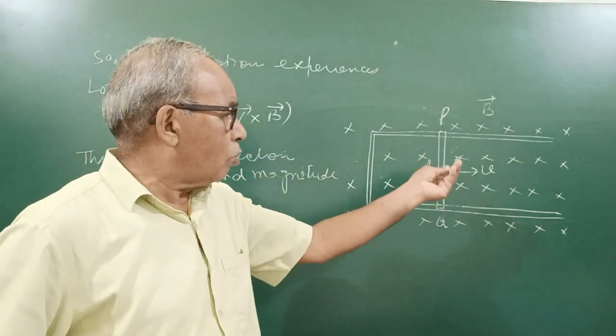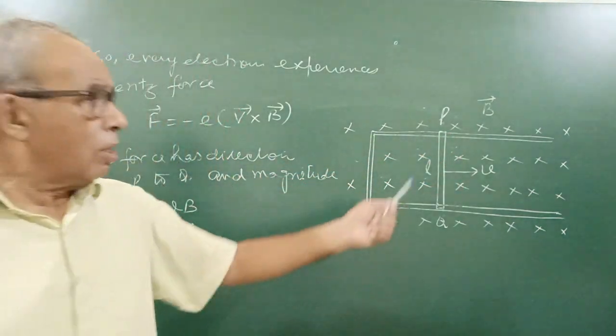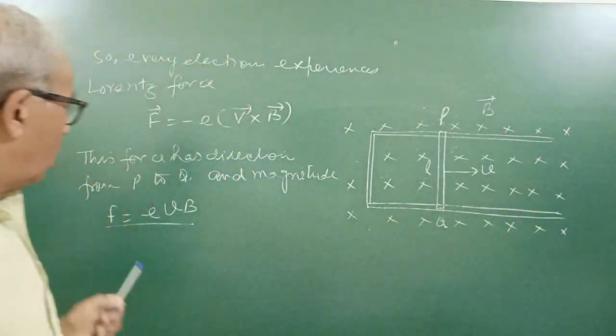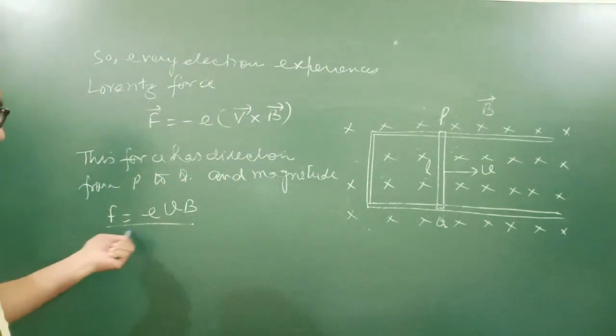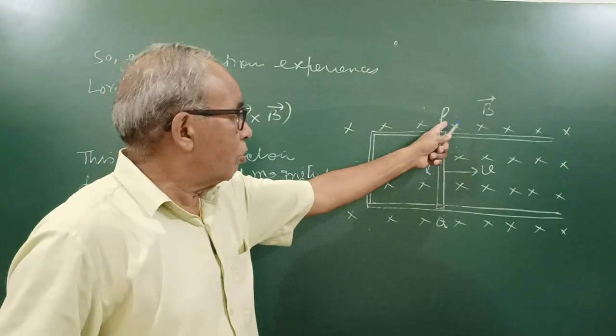Every free electron present in this conducting rod PQ experiences a force whose magnitude is eVB, direction from P to Q.